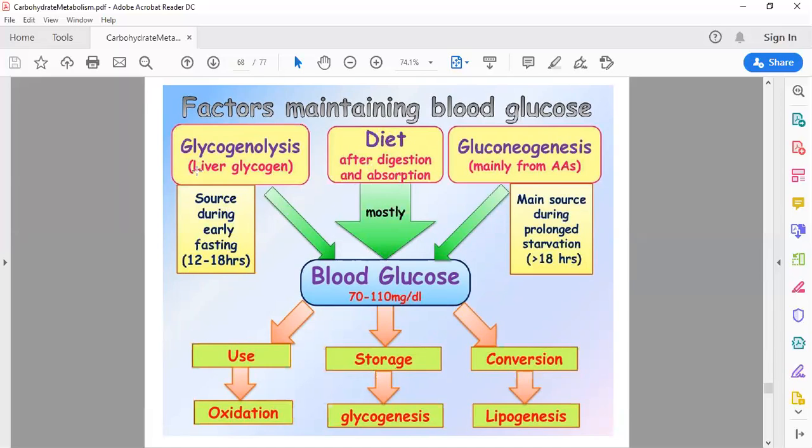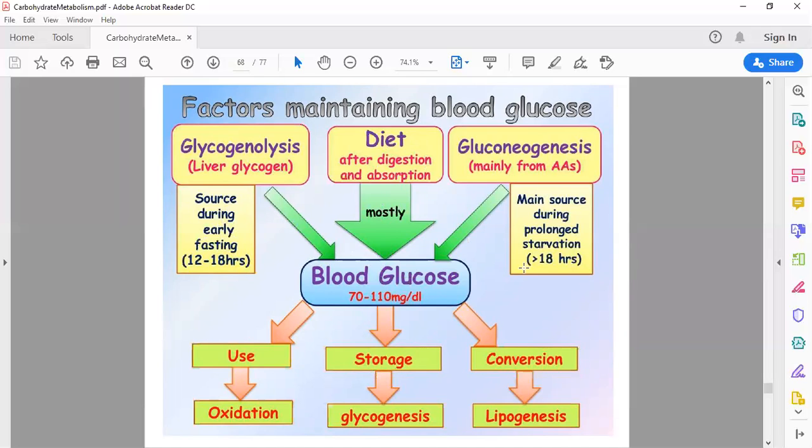On the left side, glycogenolysis is indicated. Liver glycogen is utilized as the source of energy during early fasting. Whenever there is fasting, the glucose supply through the diet is reduced, and therefore glycogen is broken down to glucose, which is used to maintain the normal blood glucose level.